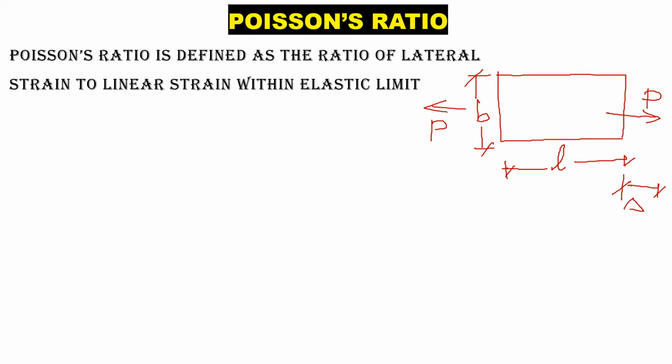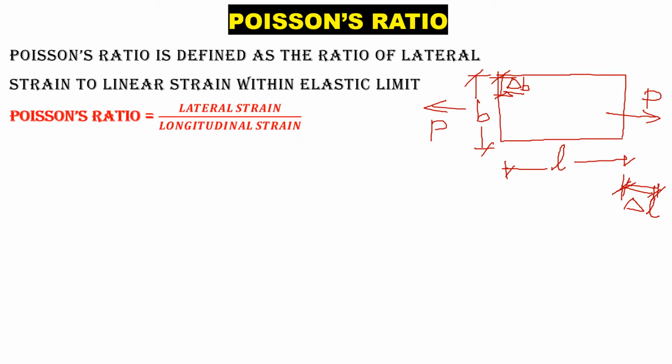a small length delta L, and this B will be reduced by delta B. So delta B is the reduced length and delta L is the increased length. Now we know what is strain. Strain is the change in dimension by original dimension.